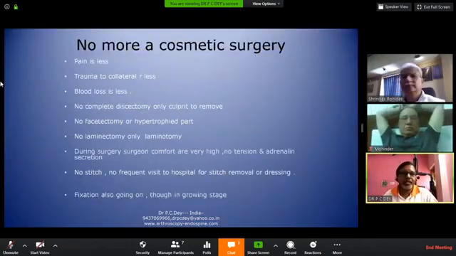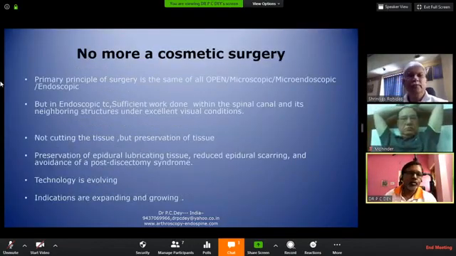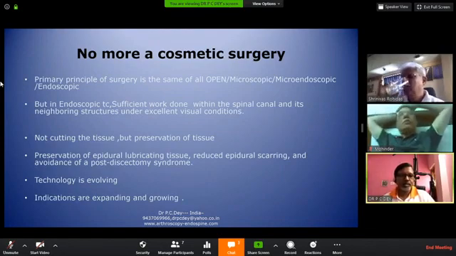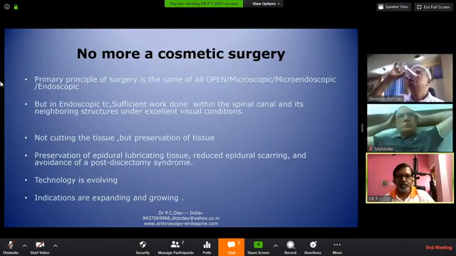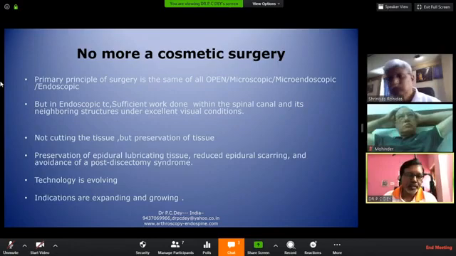Before going to the second case, I just wanted to say this is not cutting the tissue, but preservation of tissue, as Mohinder was telling, that preservation of the epidural lubricating tissue reduces the epidural scarring, and also the technology is evolving, and indications are expanding and growing nowadays.